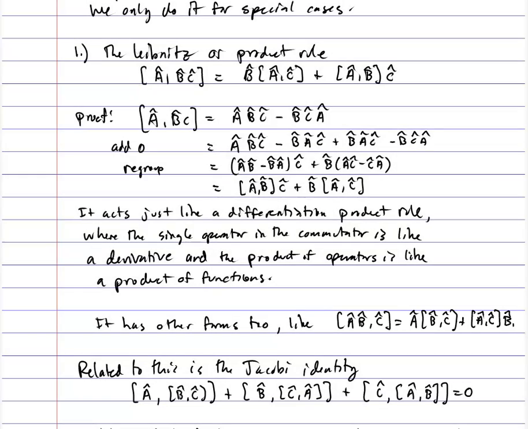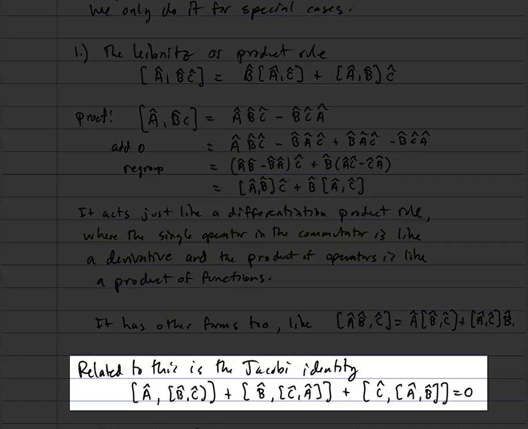Another related identity to this is the so-called Jacobi identity, which says that the commutator of A with the commutator of B with C plus the commutator of B with the commutator of C with A plus the commutator of C with the commutator of A with B. Those 3 terms have those 3 operators, A, B, and C, cyclically permuted in the 3 different expressions. The sum of all those is equal to 0.